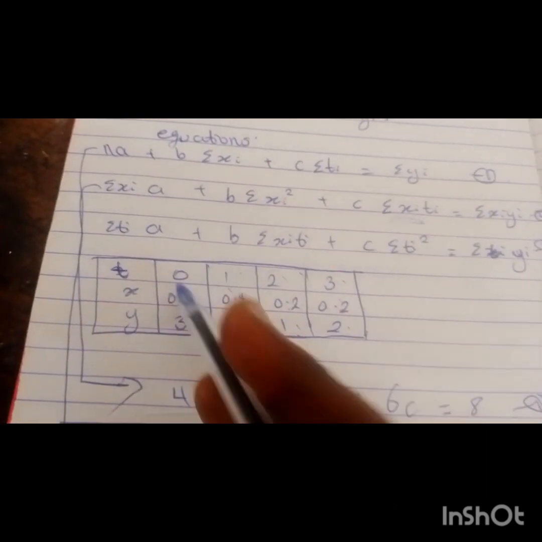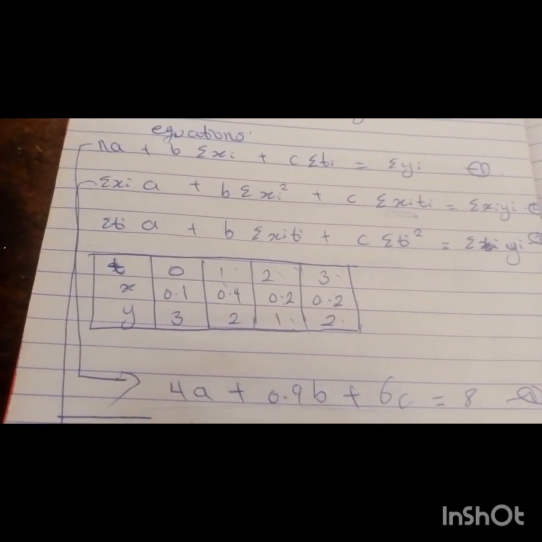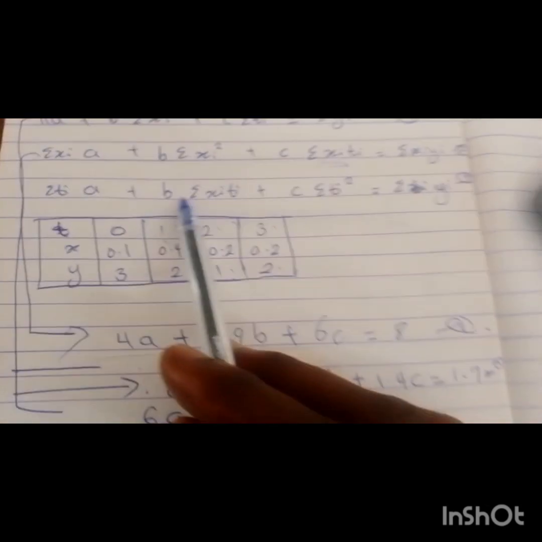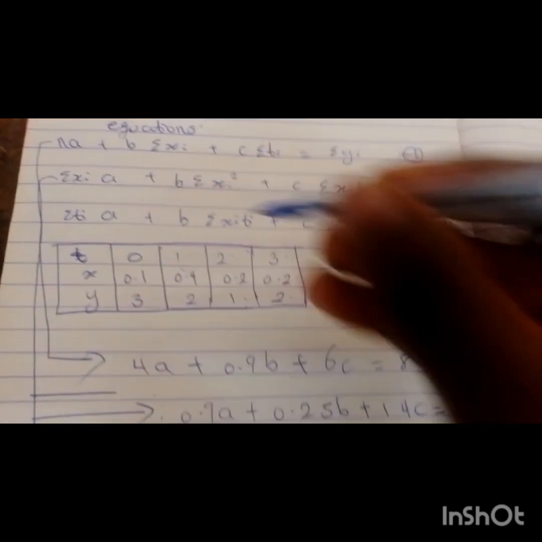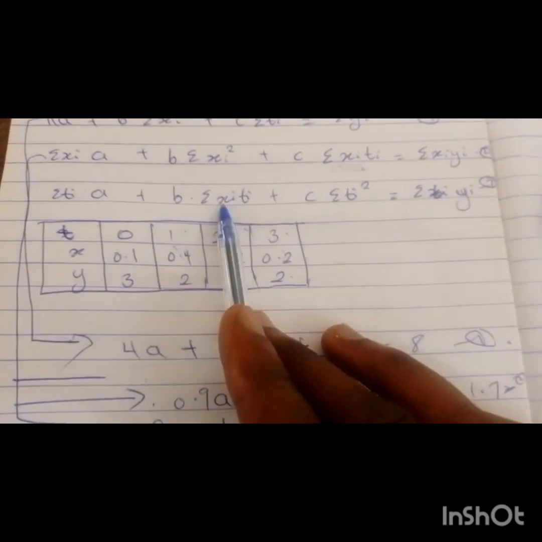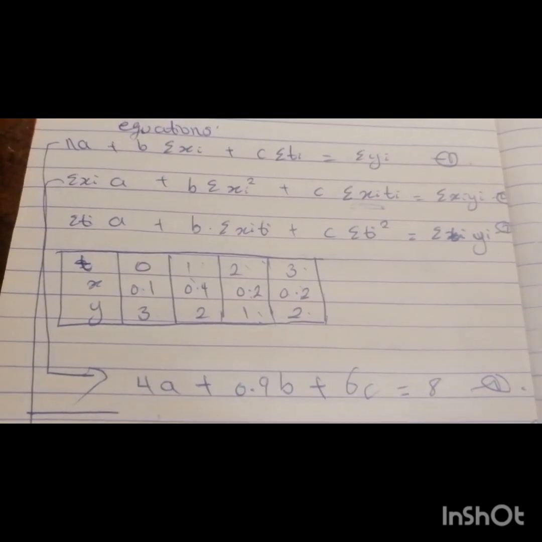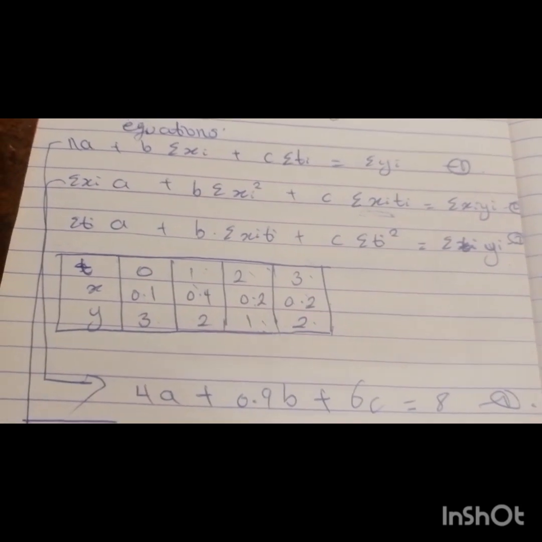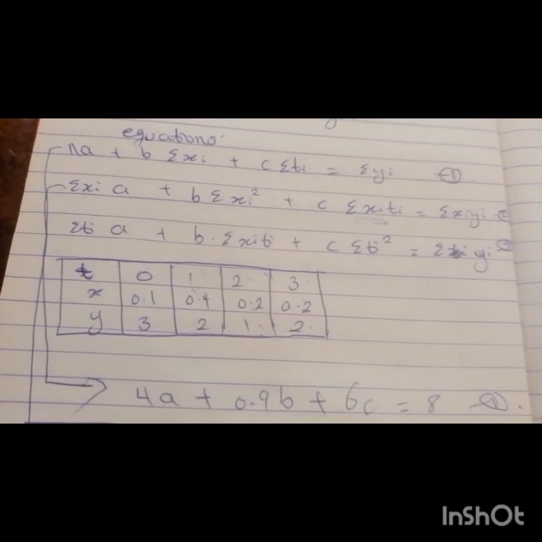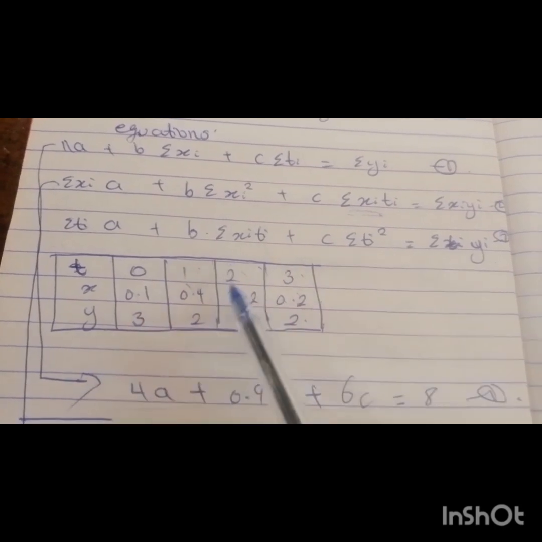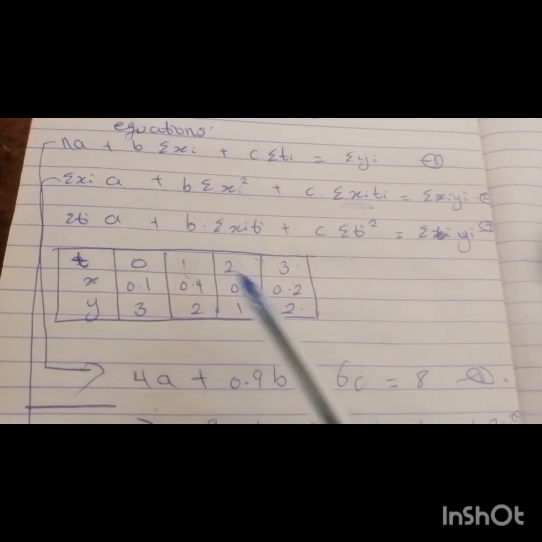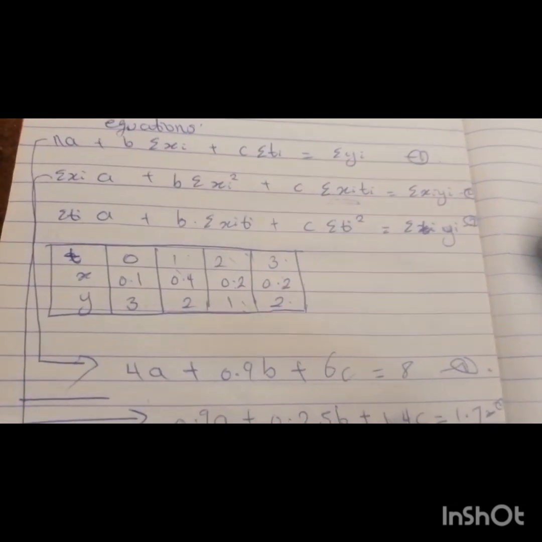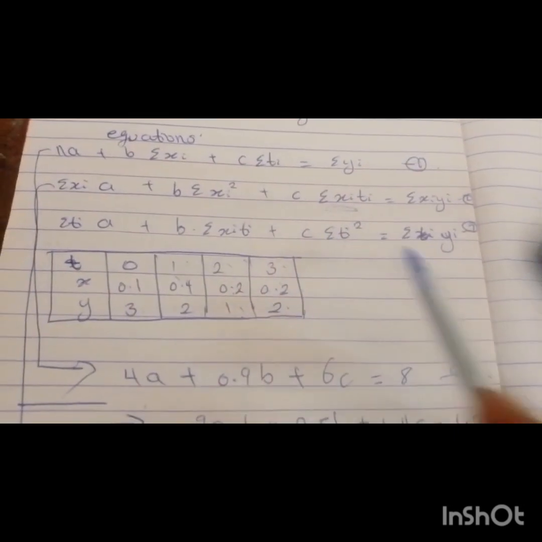So summation of ti times a, that's 6 times a plus your xiti. I think we've done that already. xiti was 1.4, I think I remember. So 1.4b plus summation of ti squared.